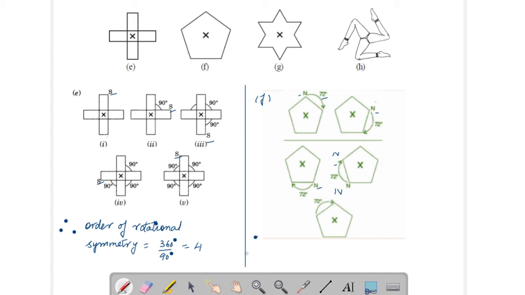Therefore, order of rotational symmetry equals 360 degrees divided by 72 degrees.